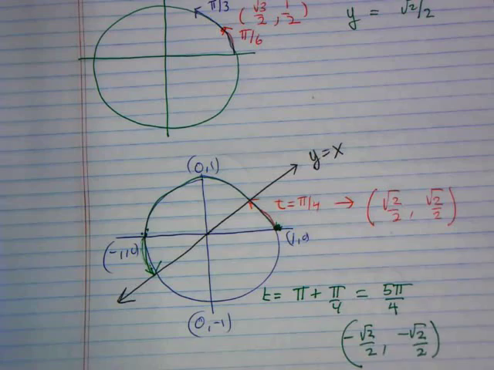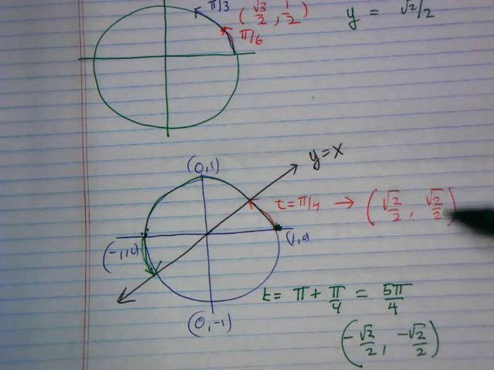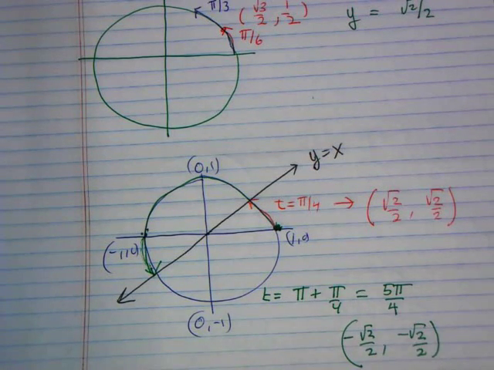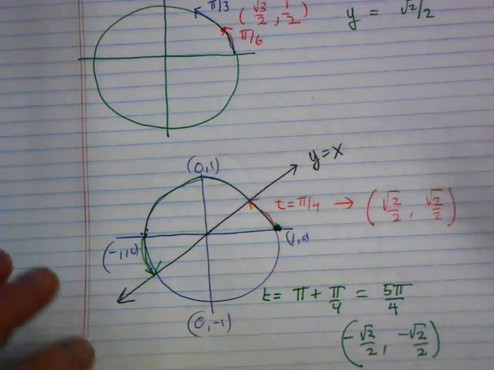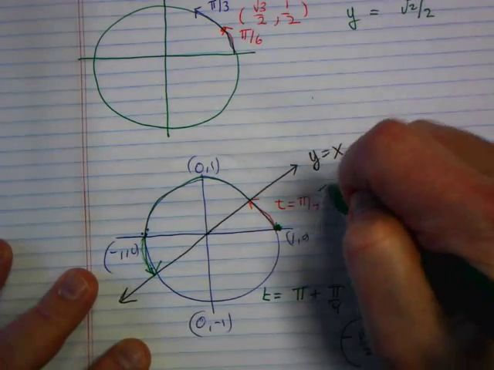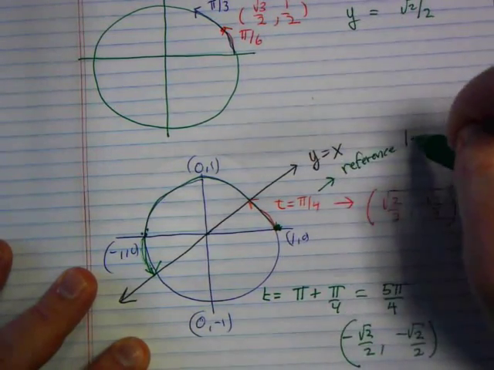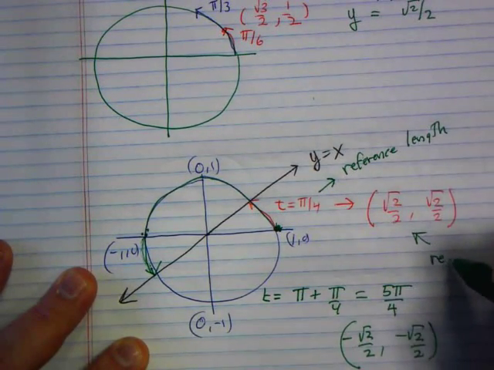So notice, this point is exactly the same as that point, except this one has some negative signs. And there's a name for that. This arc length is called the reference length. And this point is called the reference point.